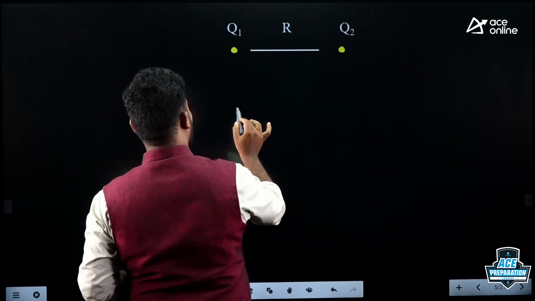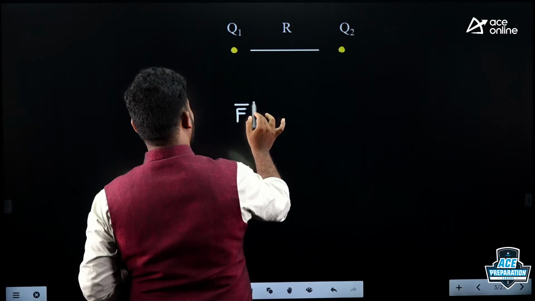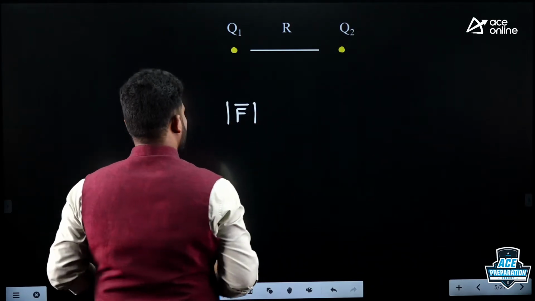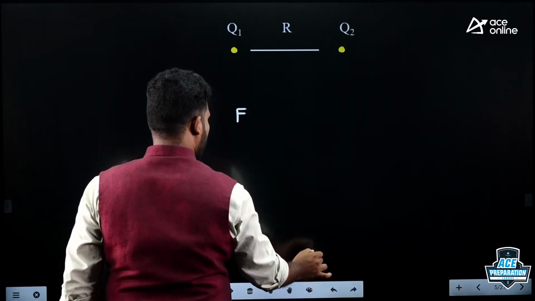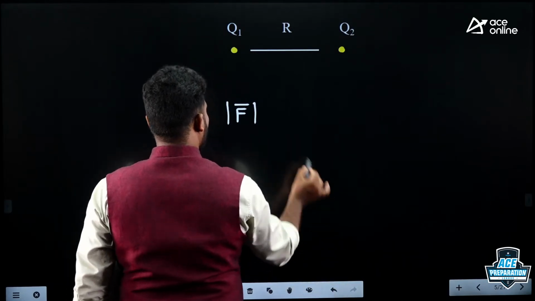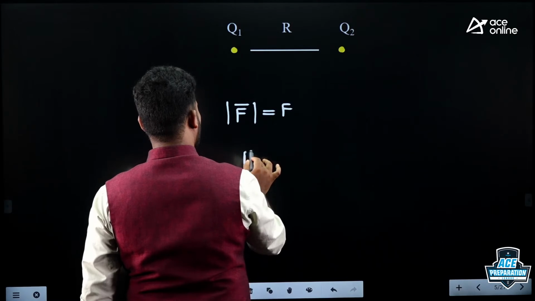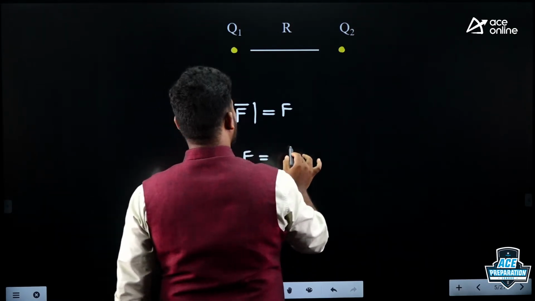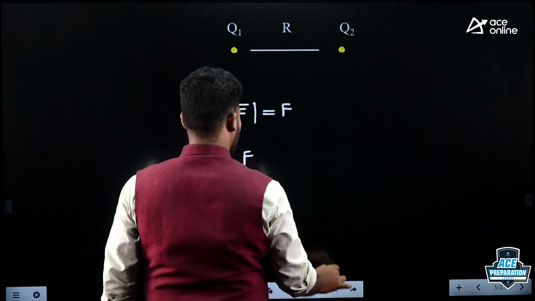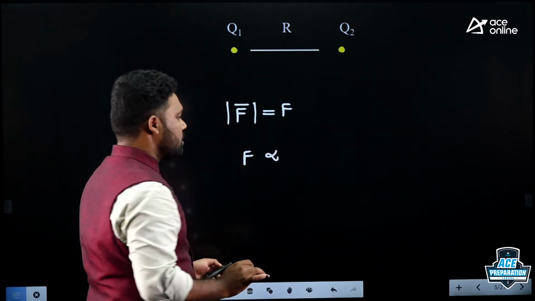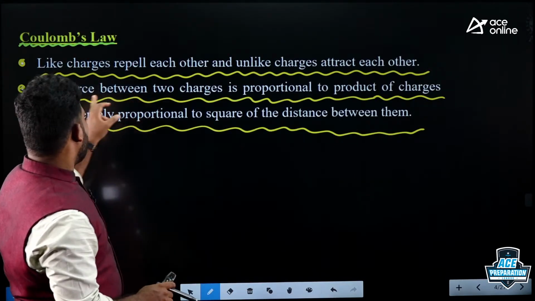According to Coulomb's law, the magnitude of the force. Actually, the force is a vector, but we are writing only the magnitude. Here we have Q1. Let me go back to Coulomb's law and read out the second statement.